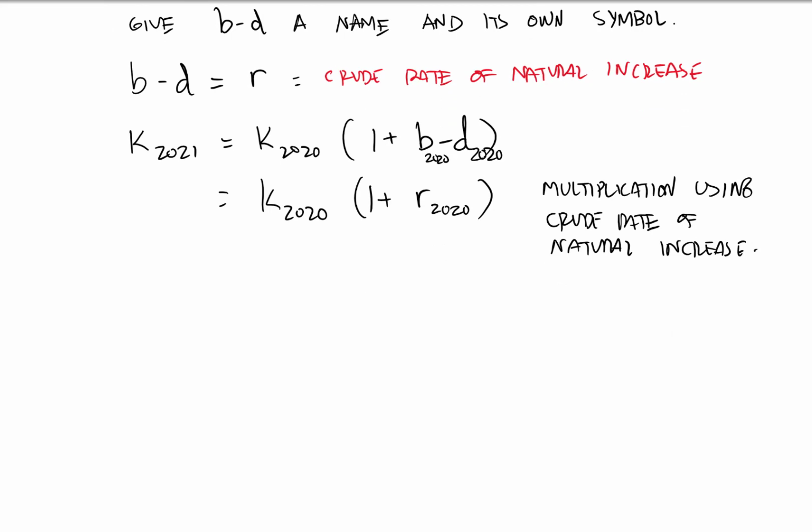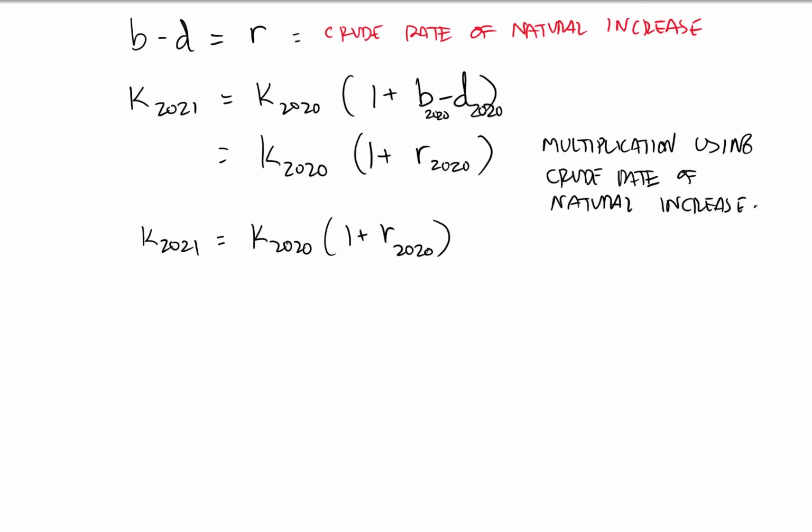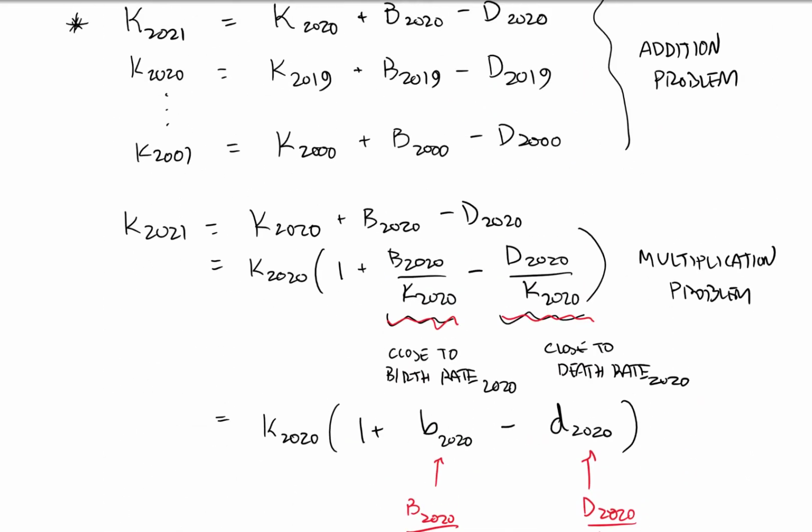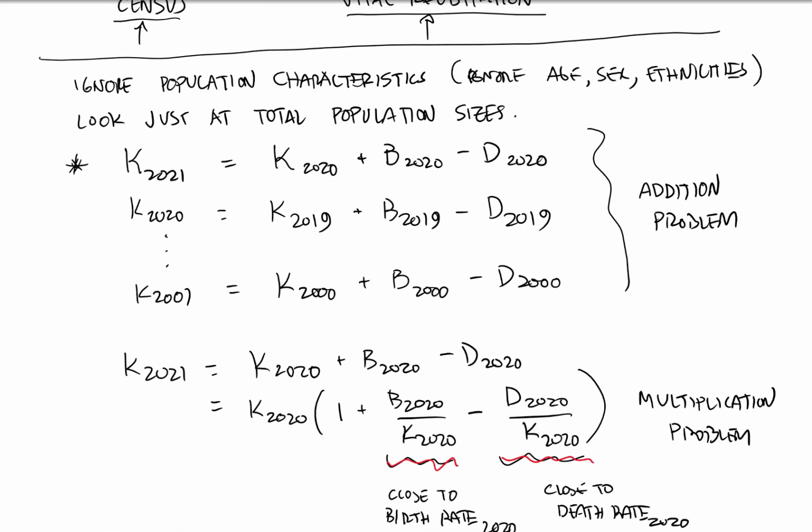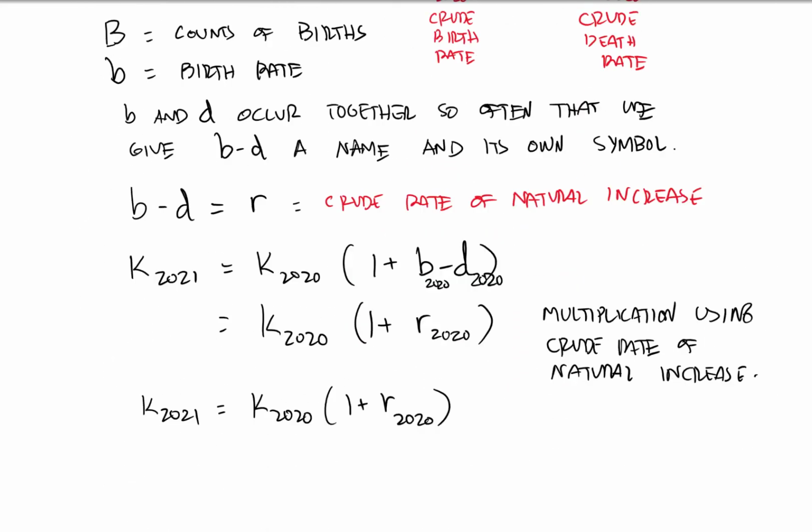So now what we can say is that, as we just wrote, K 2021 equals K 2020 times 1 plus R 2020. Just above, we were looking at the addition problem where I was looking at K 21 and then this one and then this one. So we can do the same thing here.